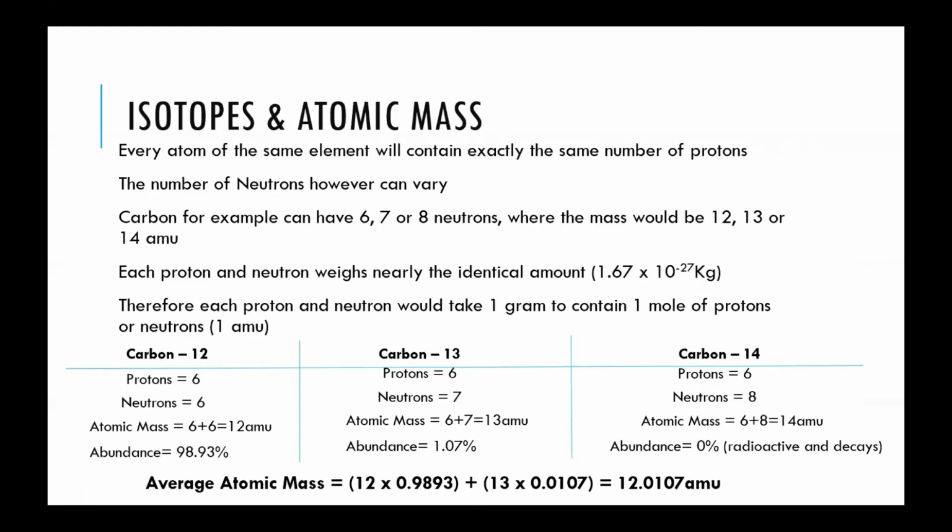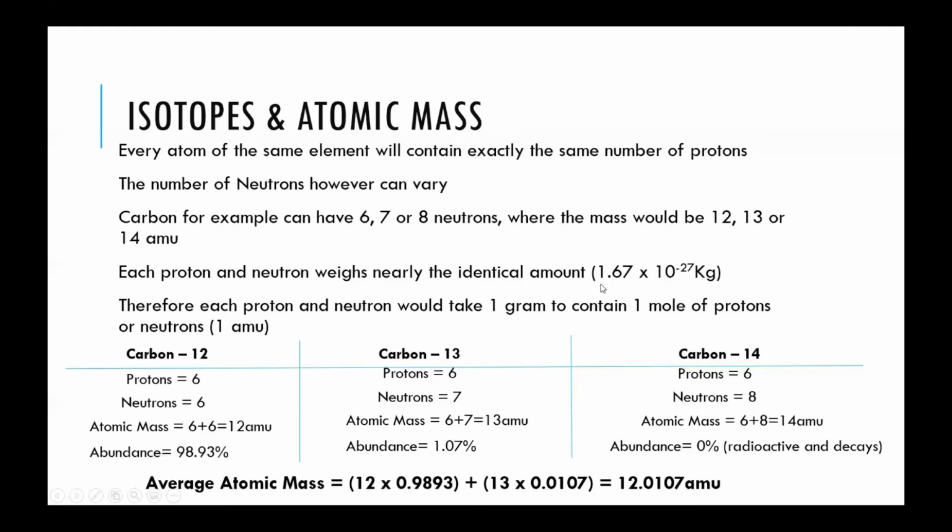As mentioned previously, you can have an element with varying numbers of neutrons, and these are referred to as isotopes. And these are where the atomic mass comes from. So each proton and neutron weighs approximately the same amount.